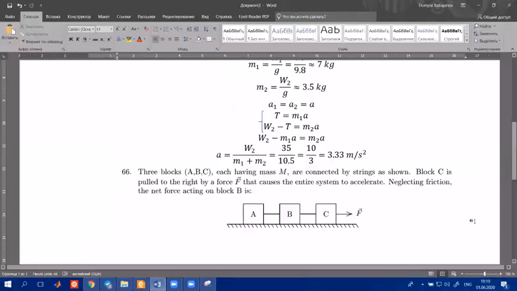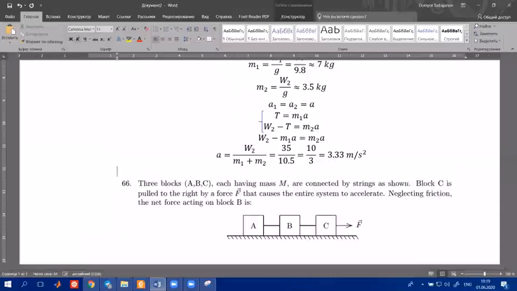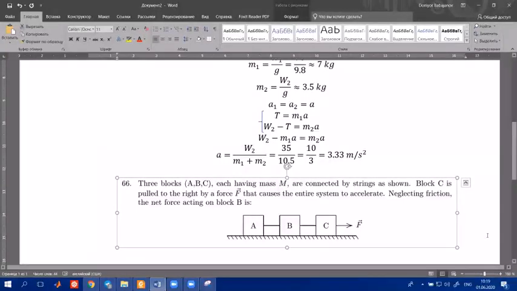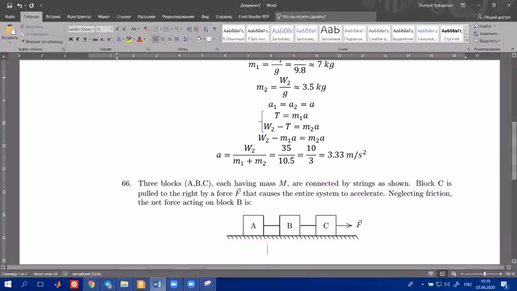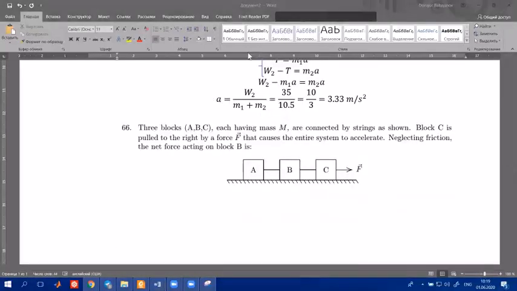Three blocks A, B, C, each having mass m, are connected by strings as shown. Block C is pulled to the right by a force F that causes the entire system to accelerate. Neglecting the friction, the net force acting on block B.